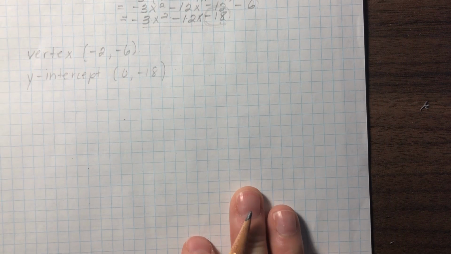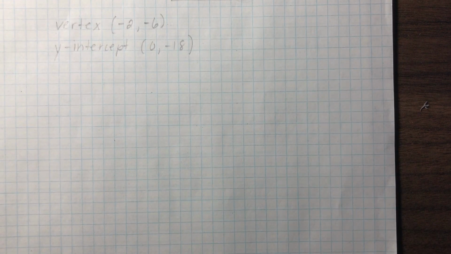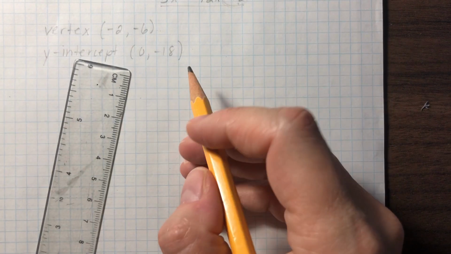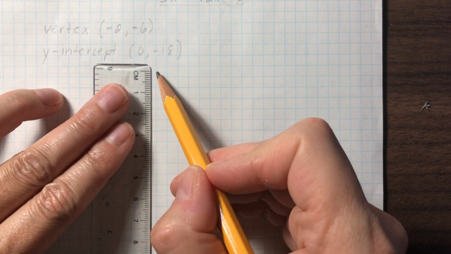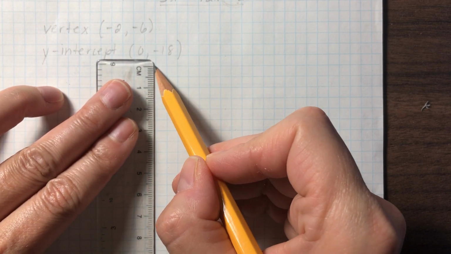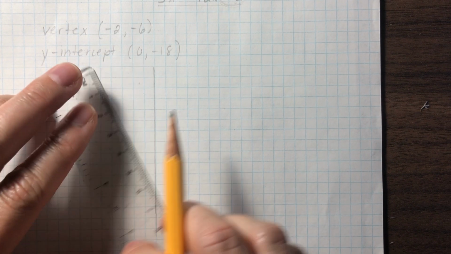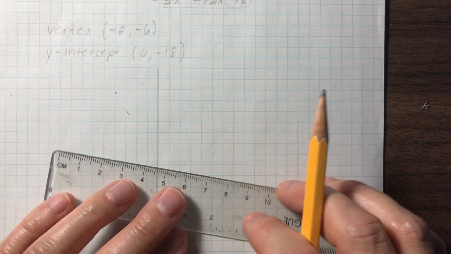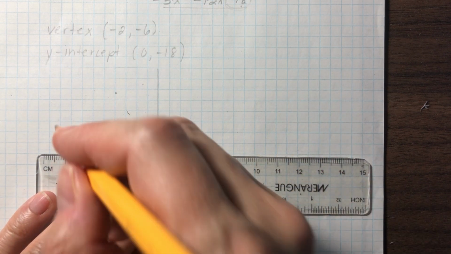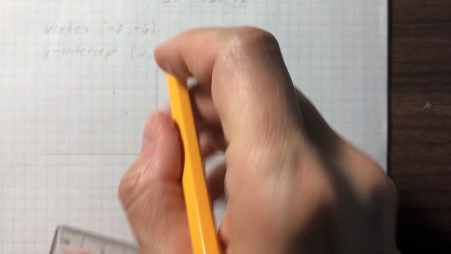Now that I have those 2 points, I can plot them and then use symmetry to find the third point. So I don't really have to do any calculations during the graphing steps. I just use the information from both of my quadratic relation forms.